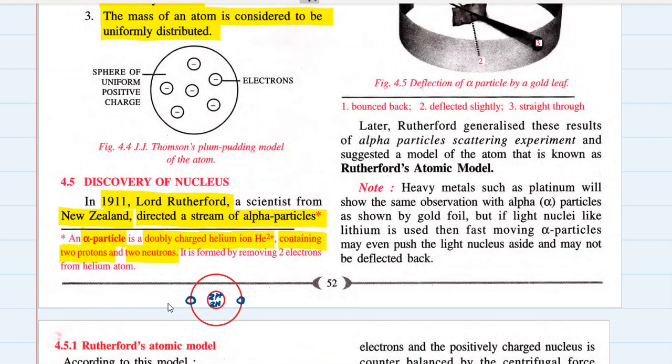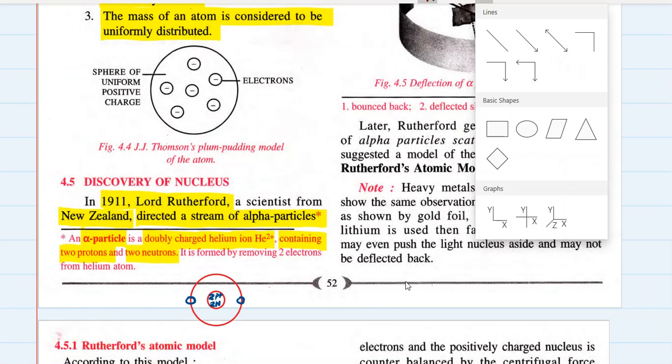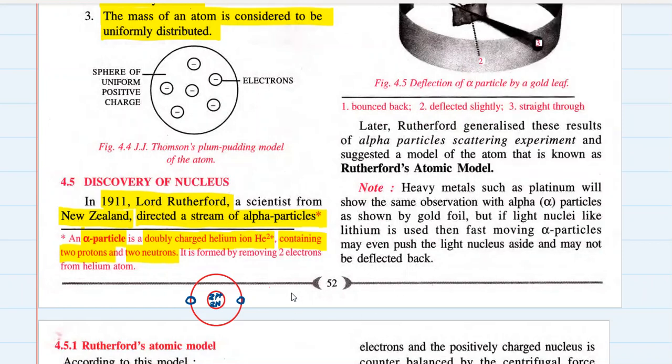Now, in this helium atom, if the two electrons from the outermost shell are removed, what will it become? It will become just the helium nucleus. It will remain just a nucleus.